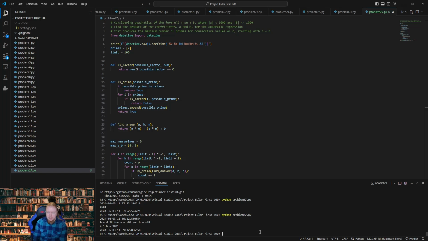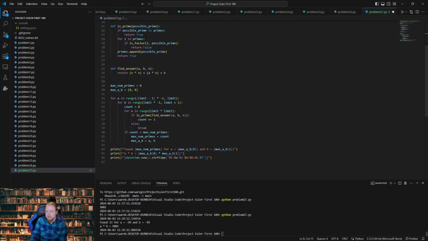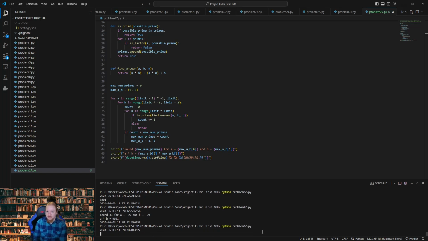Interesting. So if we go back to our 1000, which is the actual question, it'll probably take a lot longer to run. Let's find out. And 33 is good because that's a lot smaller of a number than even the 100.